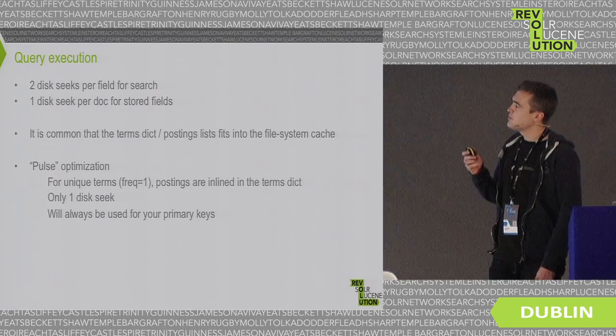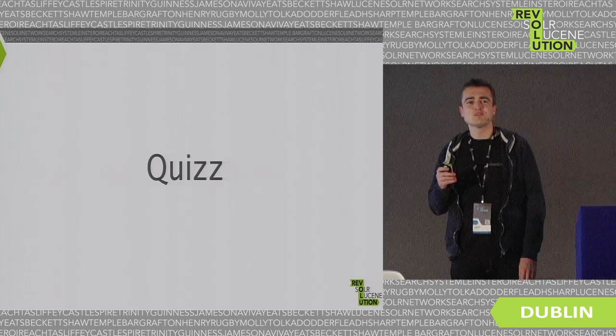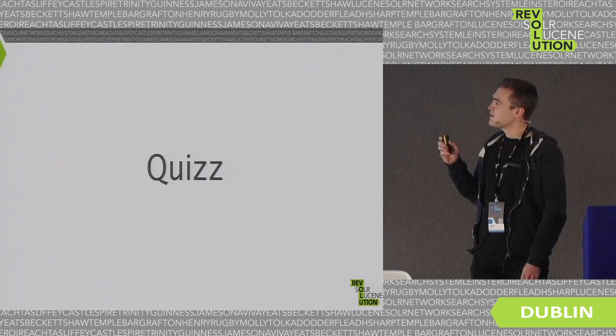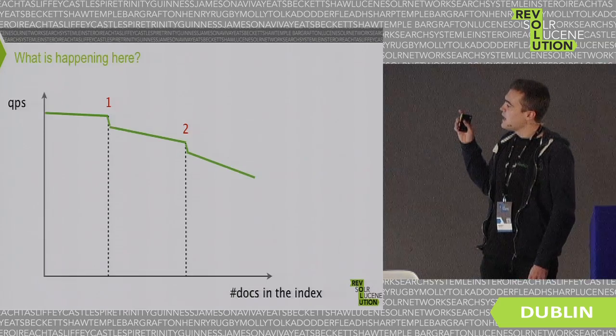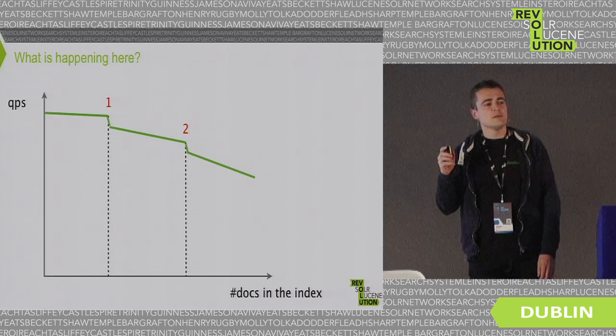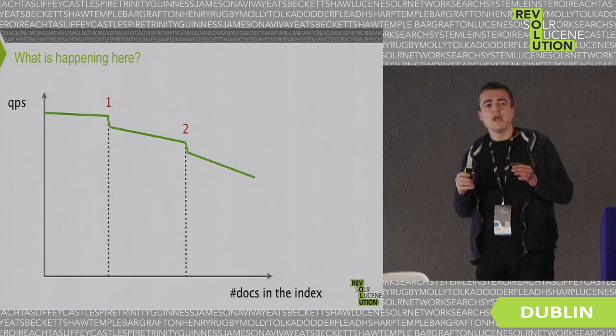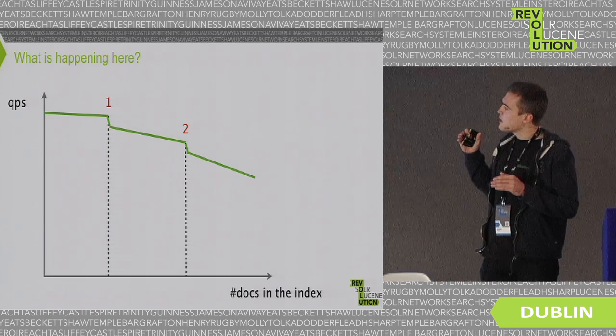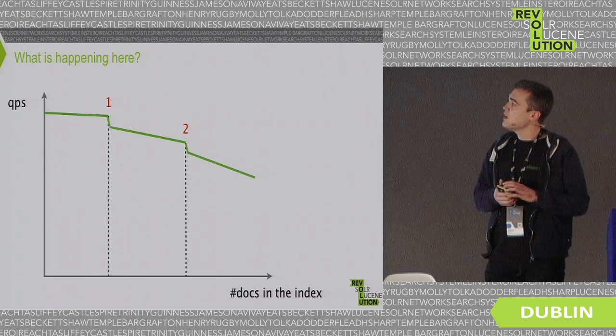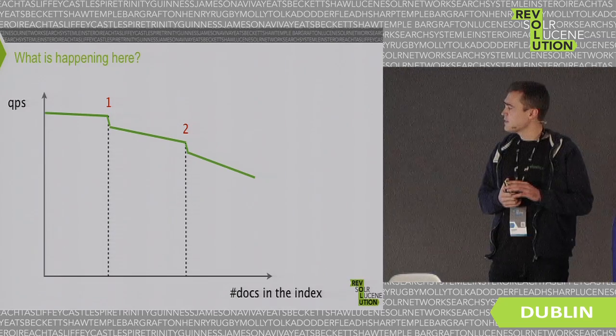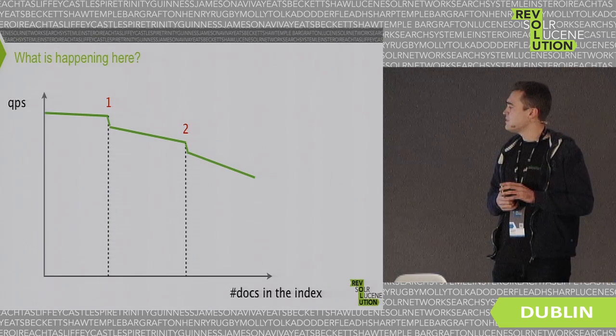Okay, so that's it about Lucene internals. Now I'm going to ask you a quiz. It's unfair because I already know the answer, but let's try to do an experiment. We have a Lucene index, and we are computing the number of queries per second we are able to run on this index based on the number of documents in the index.